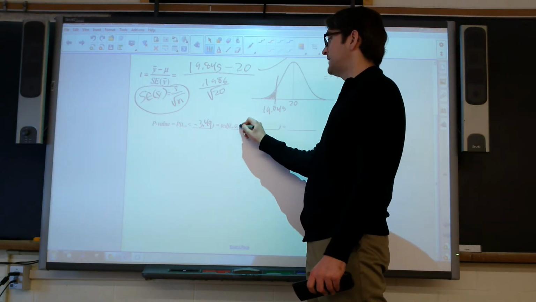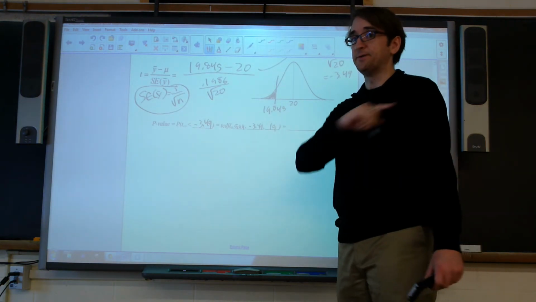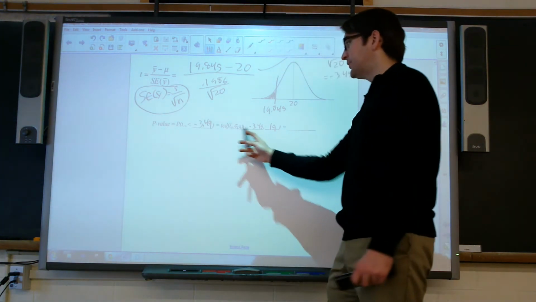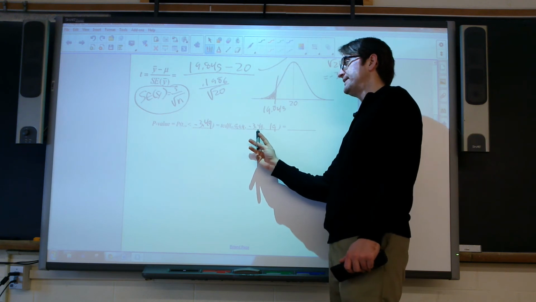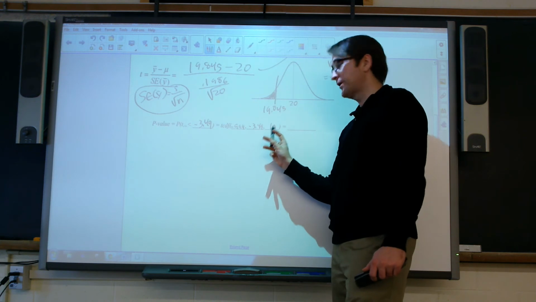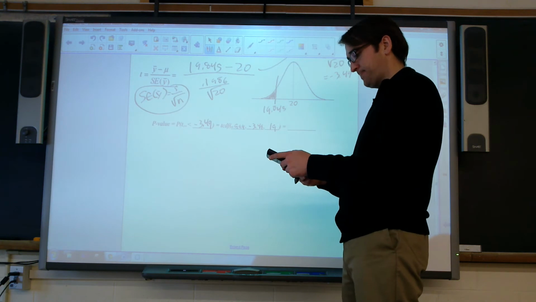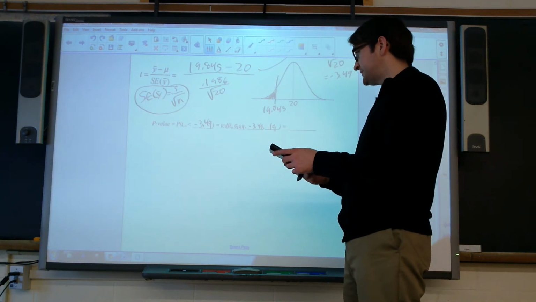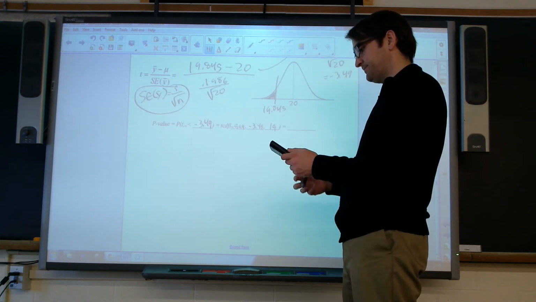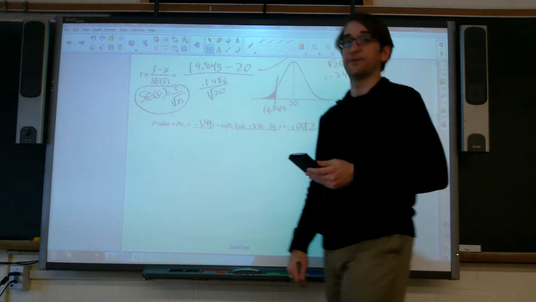We do it the same way, negative 999 to negative 3.49, but because the shape of the t-distribution changes with the sample size, we need to specify the degrees of freedom. t-CDF from negative 999 to negative 3.49 with 19 degrees of freedom is 0.0012. That's our p-value.